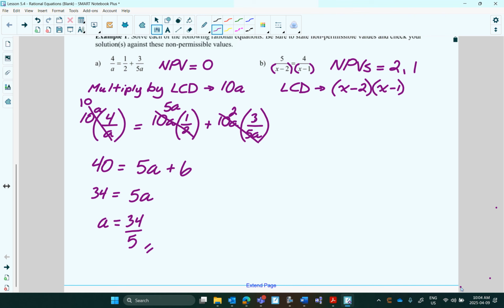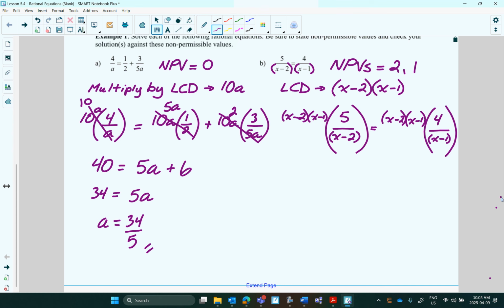So when I show my next step, I've got to go x minus 2 times x minus 1 times the first fraction equals x minus 2 times x minus 1 times the second fraction.